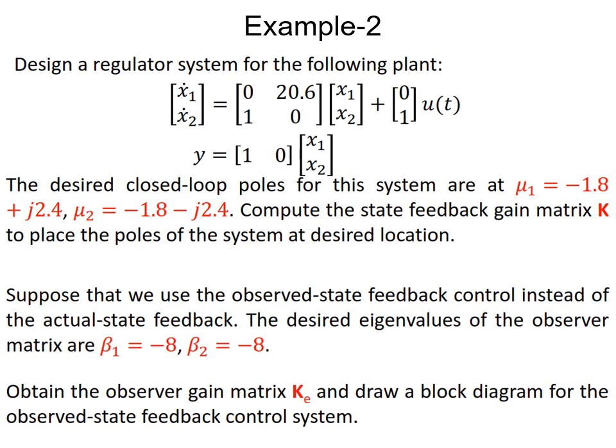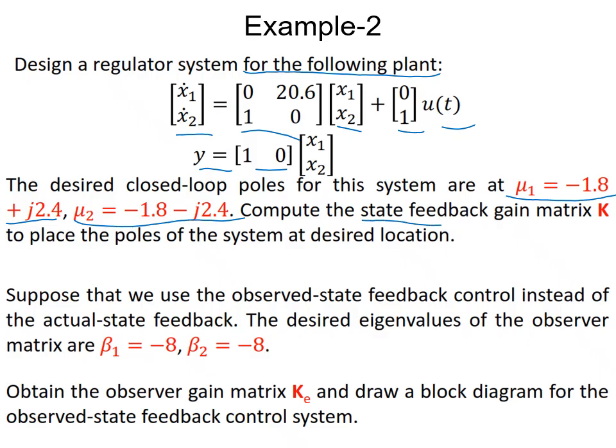Example 2. We have to design the regulator system for the following plant: x1 dot, x2 dot equals 0, 20.6, 1, 0, times x1, x2, plus 0, 1 times u, y equals 1, 0 times x1, x2. The desired closed loop poles are lambda 1 equals negative 1.8 plus j 2.4 and lambda 2 equals negative 1.8 minus j 2.4.